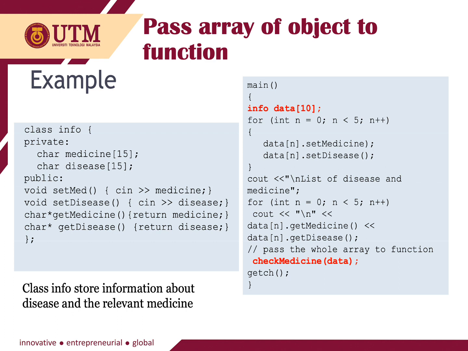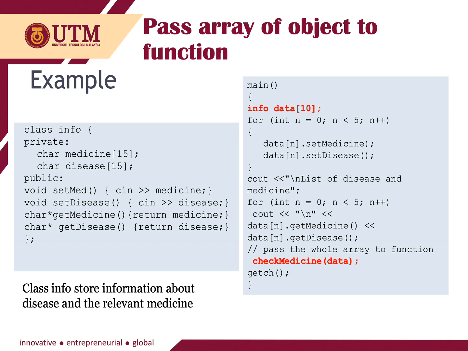Let's see the main function here. For the data we set the array size to 10. So let's say we have 10 patients. Let's say this is a loop, and we try to get the values of the patients until number 5 only, for example: 0, 1, 2, 3, 4.